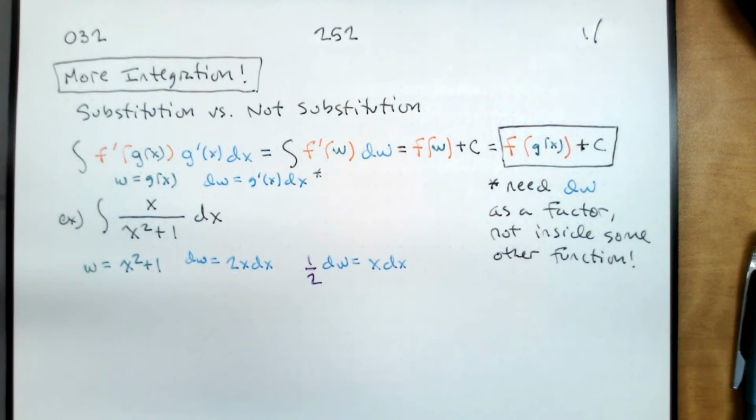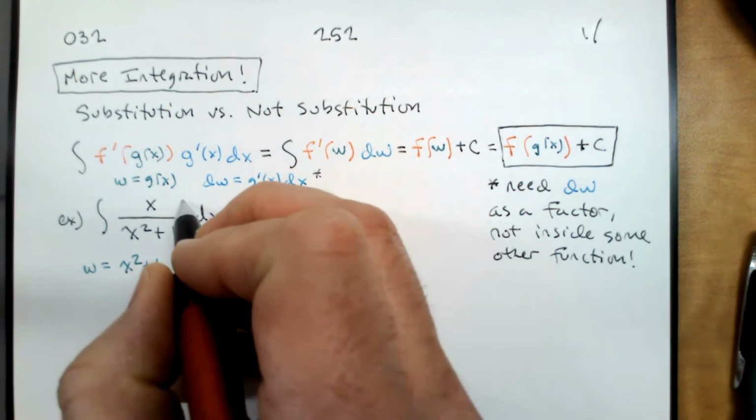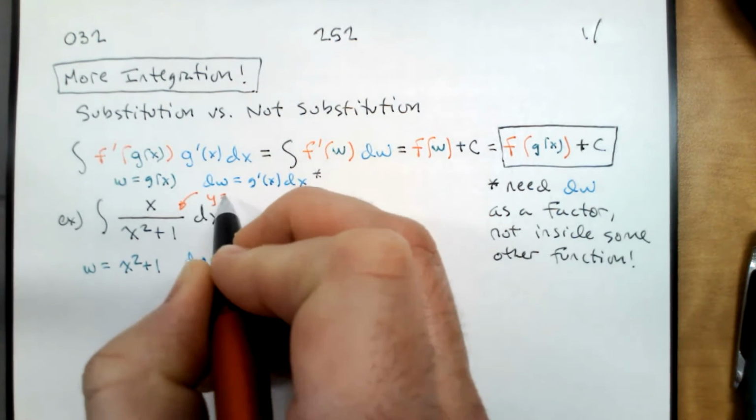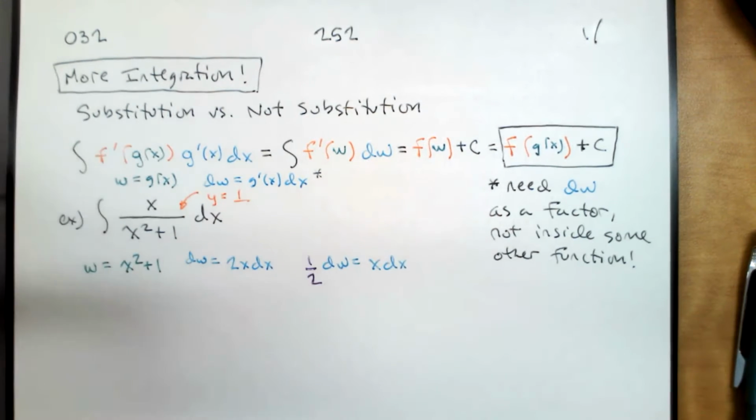We have to identify the function that we're actually going to be integrating. x dx is going to be replaced with the 1/2 dw. That's just part of our integration machinery. And the x squared plus 1 is sitting in the denominator. So our outside function is 1 over, well, w.